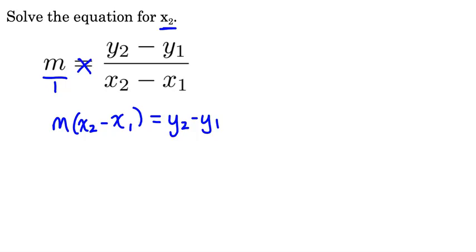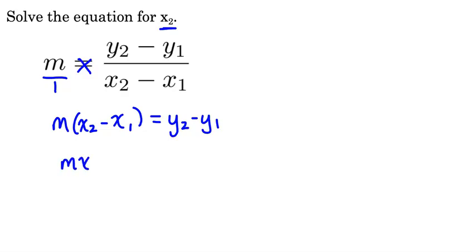X sub 2 is inside of the parentheses, so we have two choices here. We can either distribute the m like we did in the previous slide, or we can divide both sides of the equation by m. I'll stick with the distribution step here, but either way we would get a correct answer.